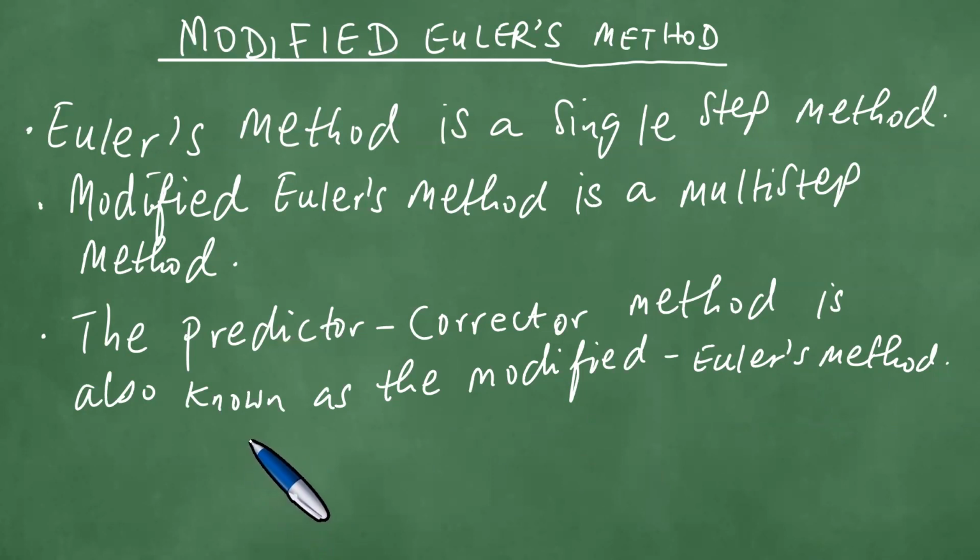We take note of these here. Sometimes we shall be just calling it the modified Euler method and just Euler's method. It's common in literature.